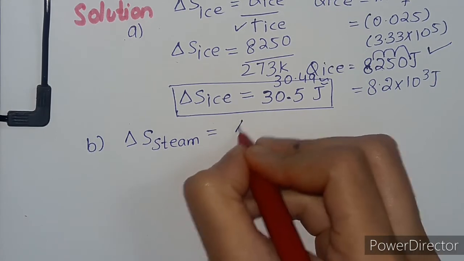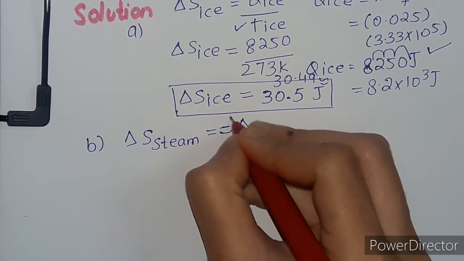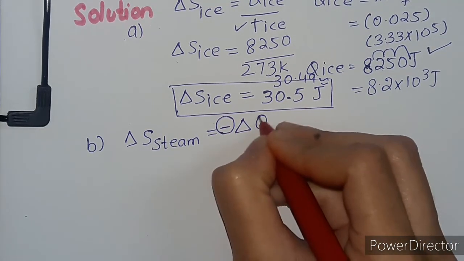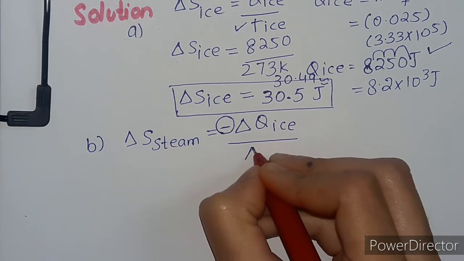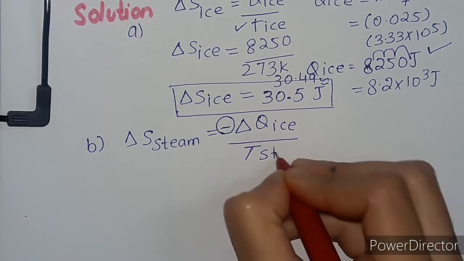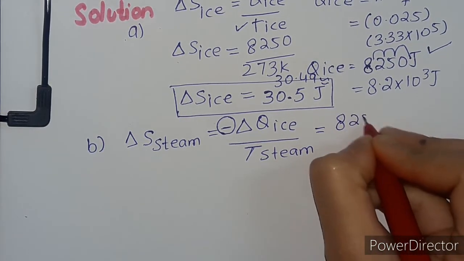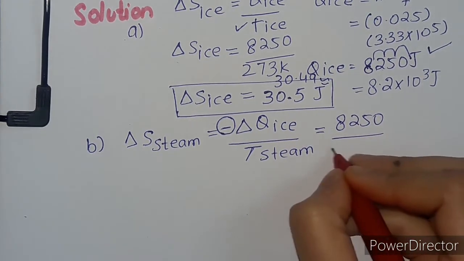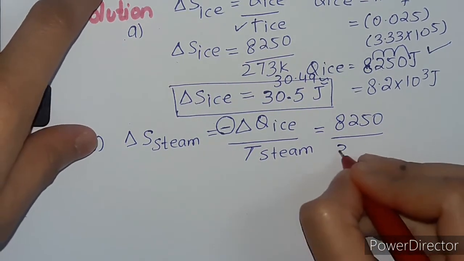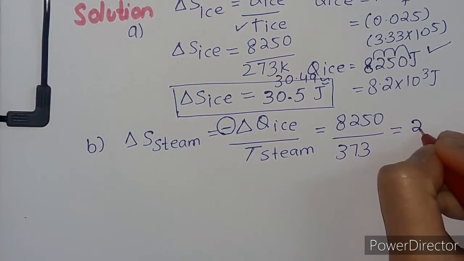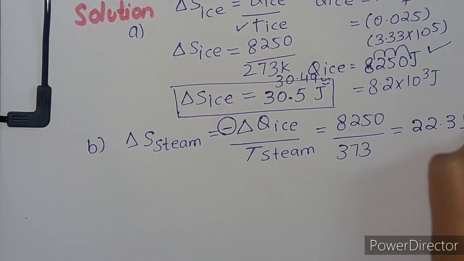Steam: the change in entropy of steam is equal to minus, we have to remember this, we will put a minus sign, heat of ice divided by the temperature of steam. So heat of ice is 8250 divided by the temperature of steam, 373 Kelvin, and we get the answer 22.3 joule per Kelvin.